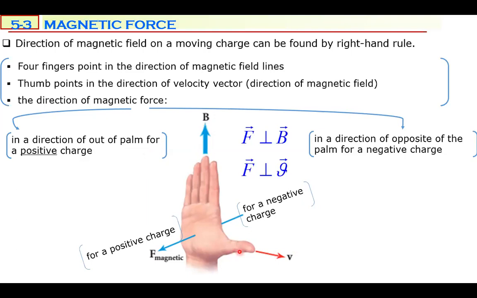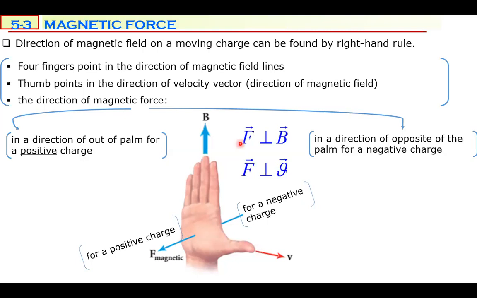In this case, the palm will point in the direction of the magnetic force acting on a positive charge. But if the charge is negative, moving inside a magnetic field, the opposite of your palm represents the magnetic force acting on the negative charge. But if you try them, you will see that this F is perpendicular to both B and V.